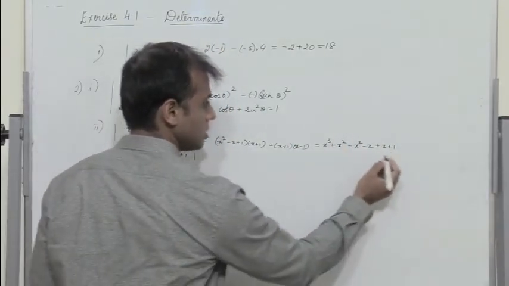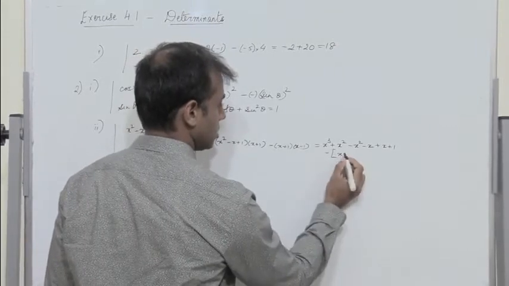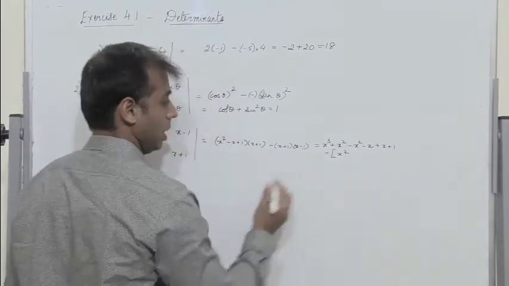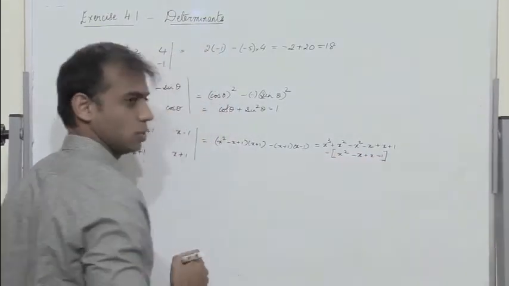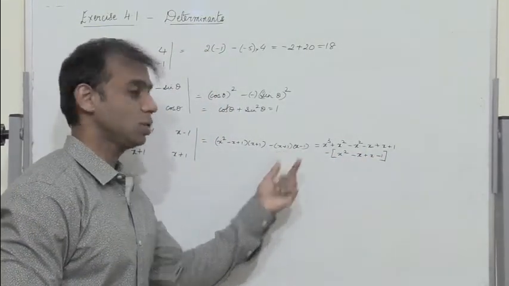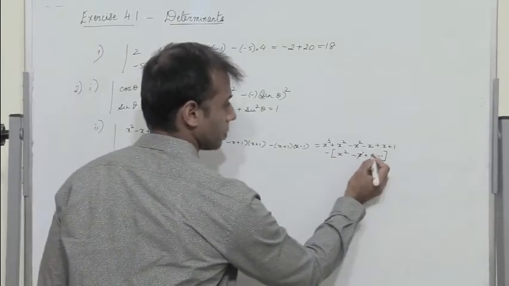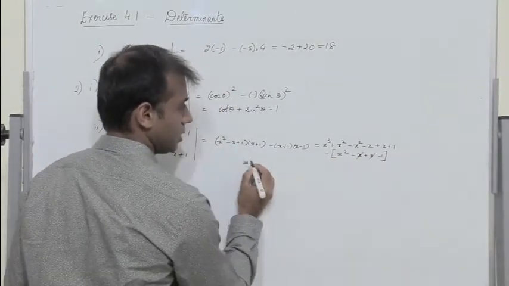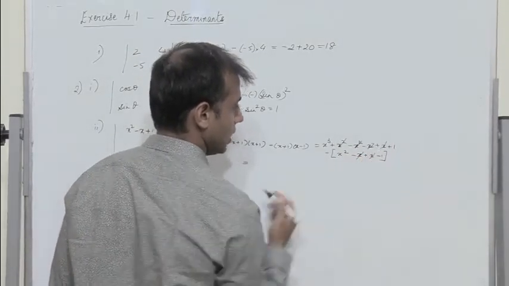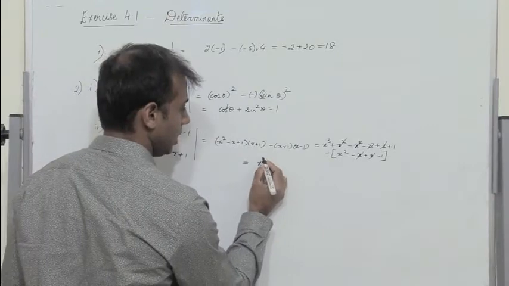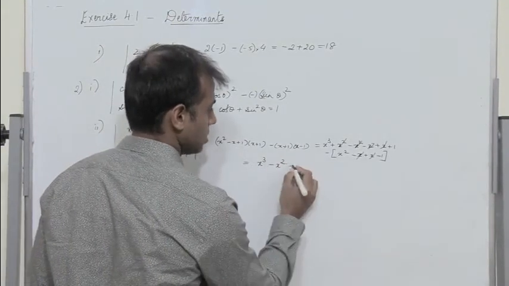Then I have minus, x into x is x square, x into minus 1 is minus x, plus x, minus 1. So this is actually of the form a plus b into a minus b, which gives me a square minus b square. So let me cancel these two. So essentially we get x cube minus x square plus 2.